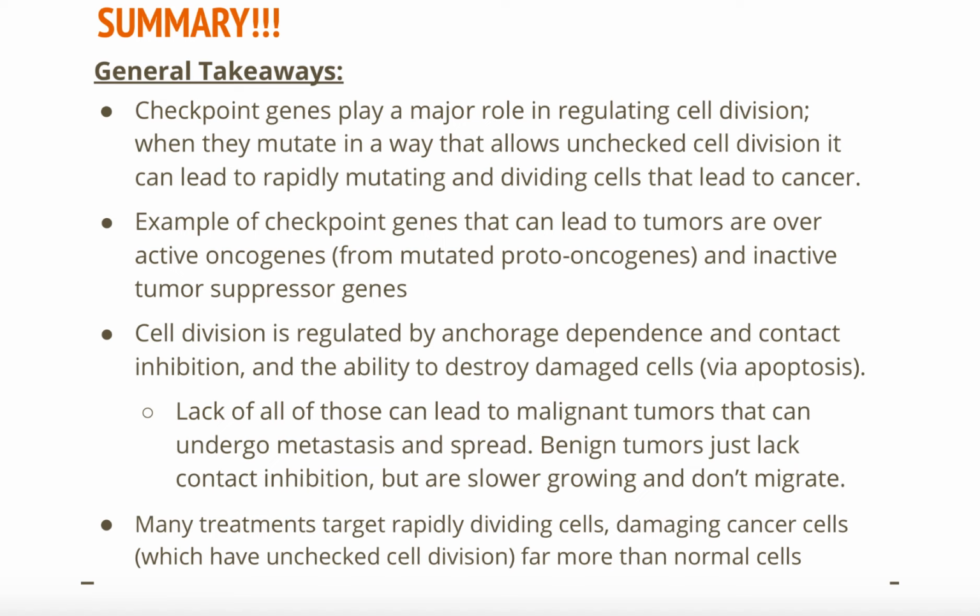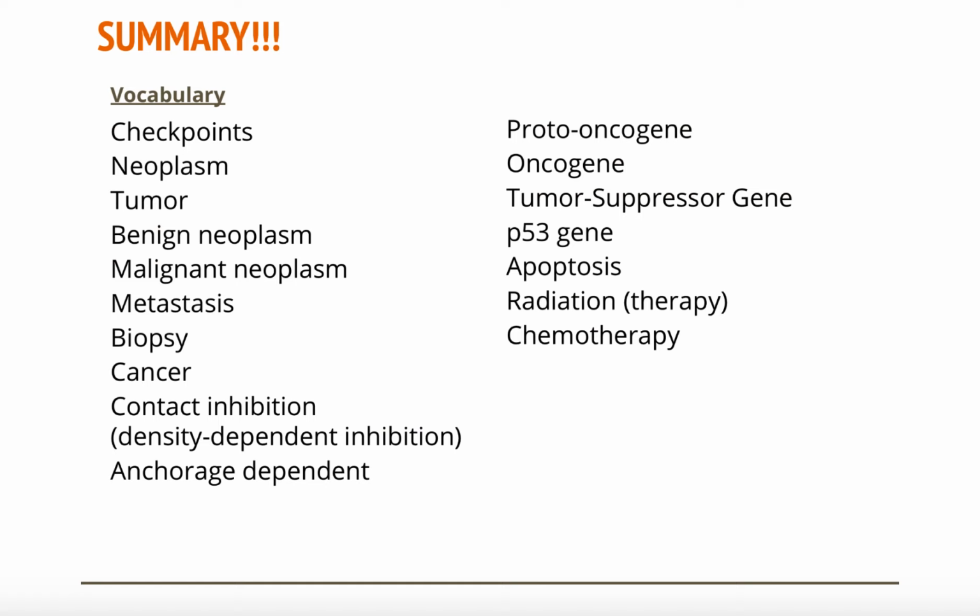But those treatments have some bad side effects. More modern medicine can avoid those side effects, but it's very particular to the cancer and can't be used in as many cancers. All right, and this was the vocabulary we covered.